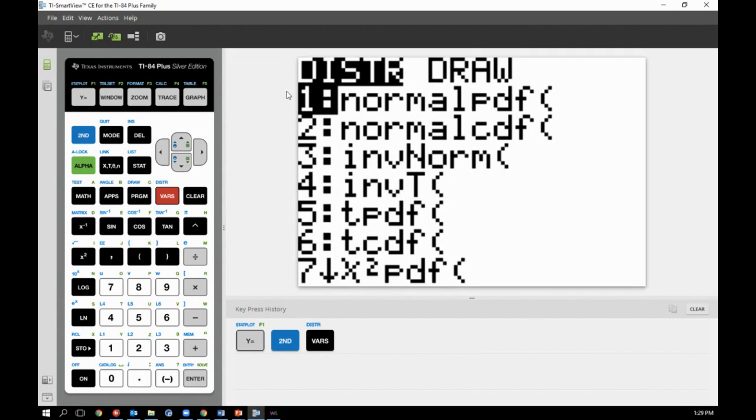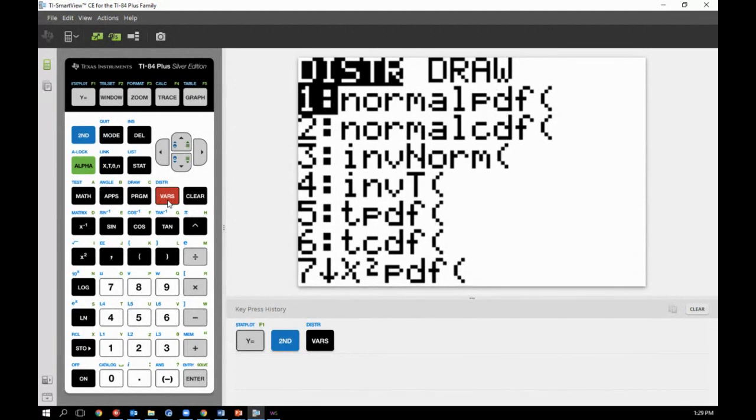Where's VARS? It's right next to the clear button. It's variables, where you can store different things as variables.